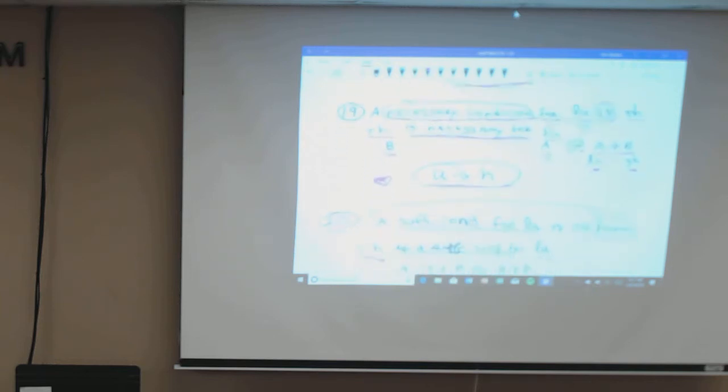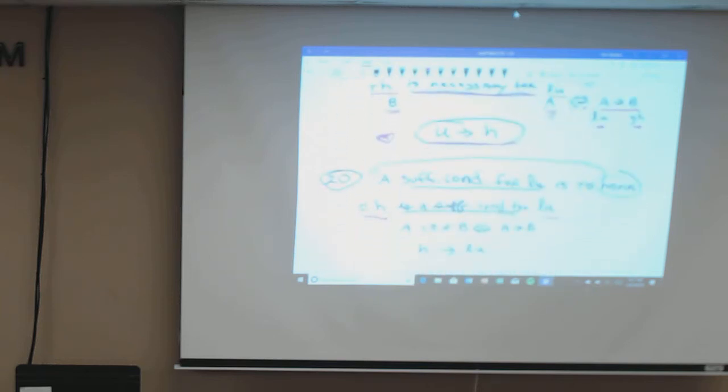Number 20. A sufficient condition for loving ultimate. See, there's that phrase again, probably the word for. A sufficient condition for loving ultimate is to honk. So, to honk is a sufficient condition for loving ultimate.